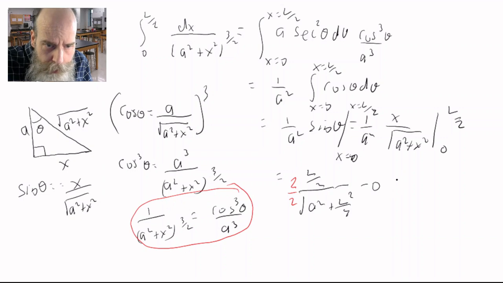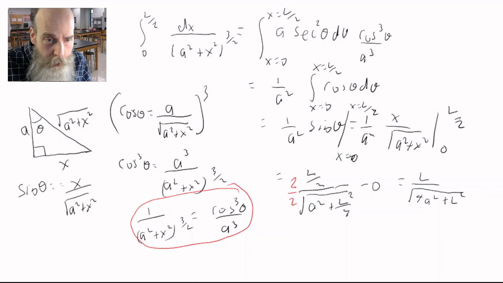So this becomes L over, now we bring this 2 inside the square root, so it becomes a 4. Square root 4a squared plus L squared. So that's the integral.